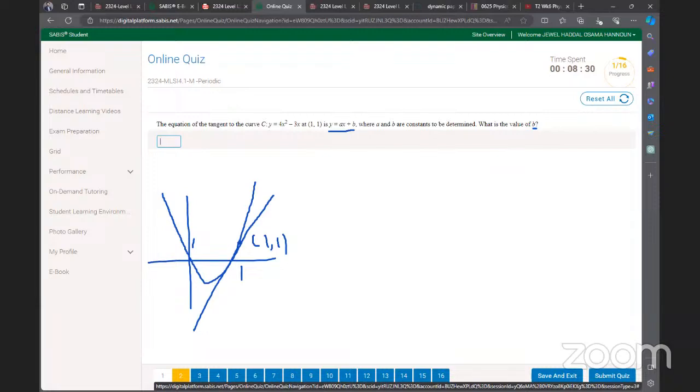I need to get the equation of the tangent. Okay, so first thing, I will differentiate the equation of the curve. So it will be 8x minus 3. This is dy over dx. And as we said, dy over dx is the slope of the tangent. Okay, so I replace x by 1.